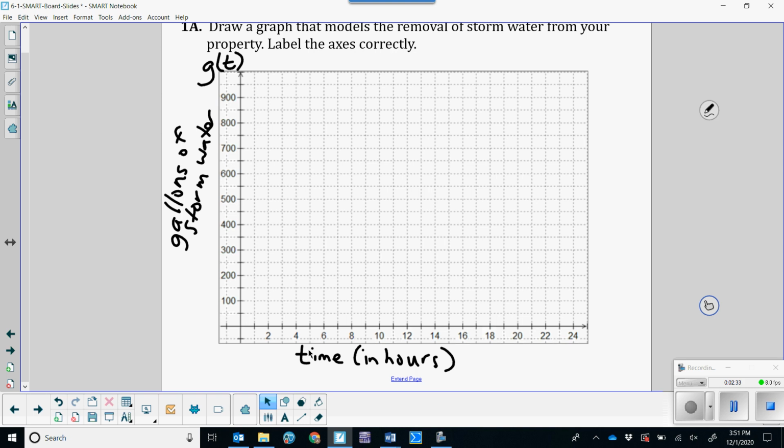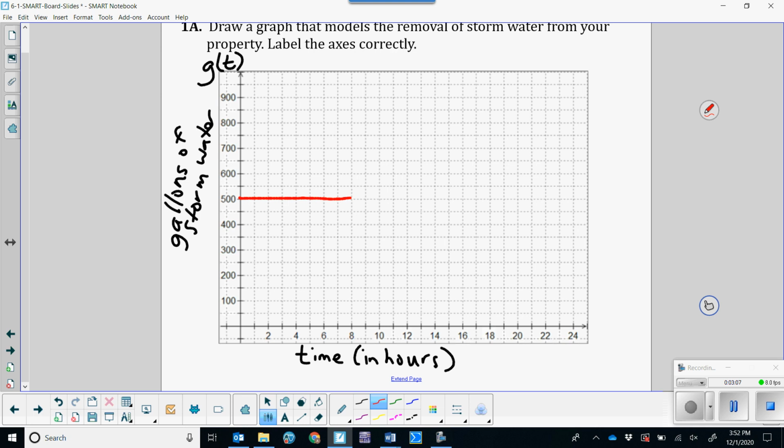Let's see how we would graph this. Looking back at the problem, we're removing 500 gallons per hour for 8 hours, so we have a constant 500 gallons each hour for the first 8 hours.